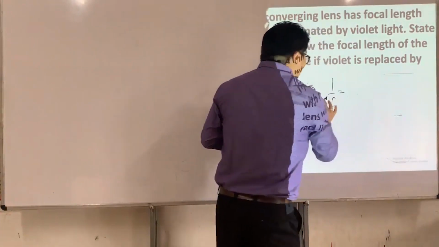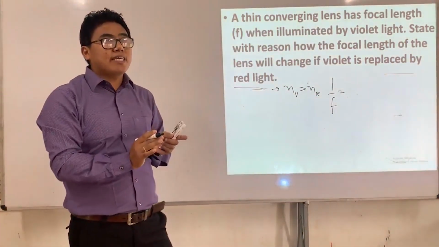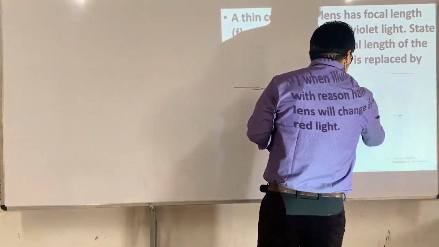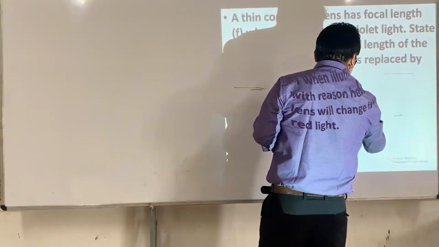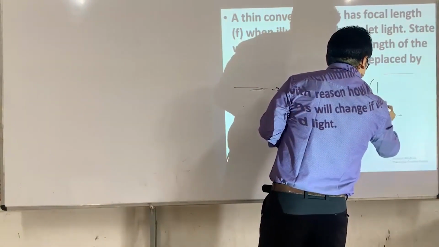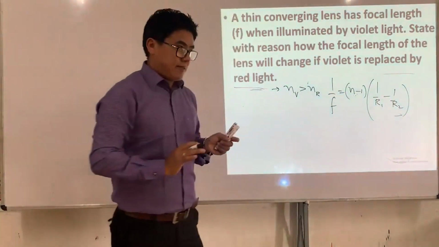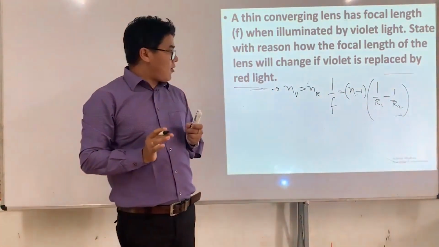This time it has nothing to do with the curvature; it has to do with the refractive index. So this is the general formula. This is the concept behind this problem.